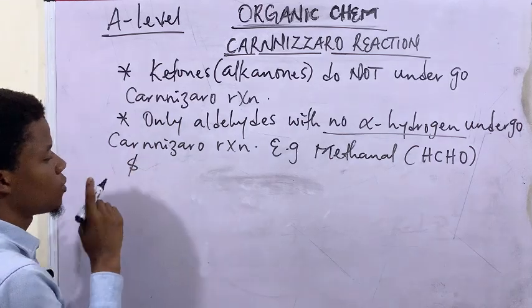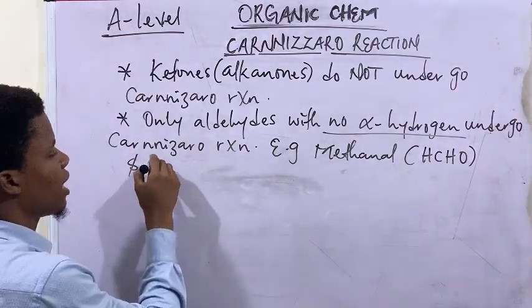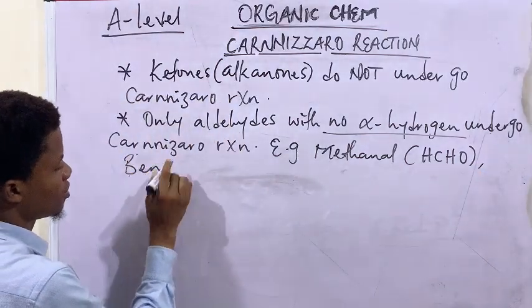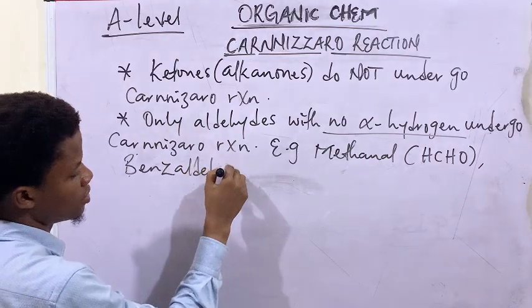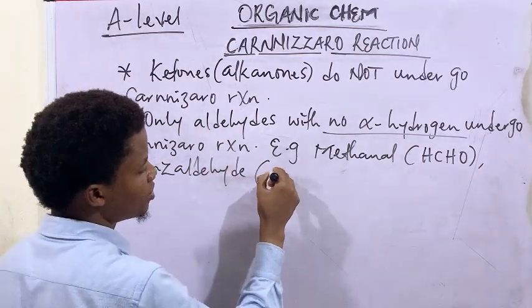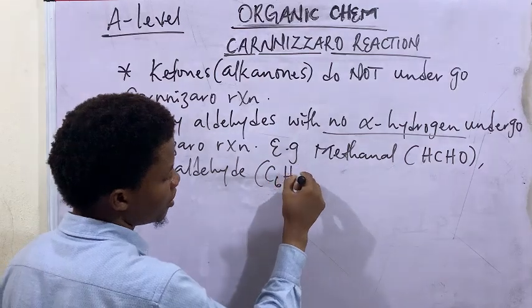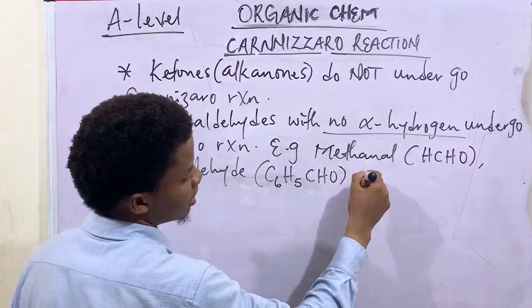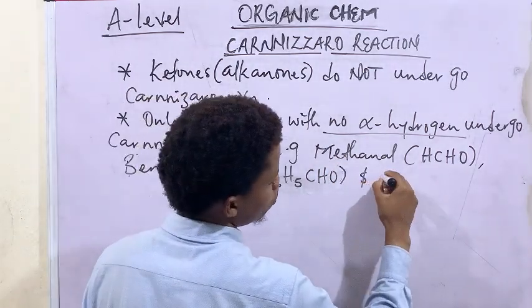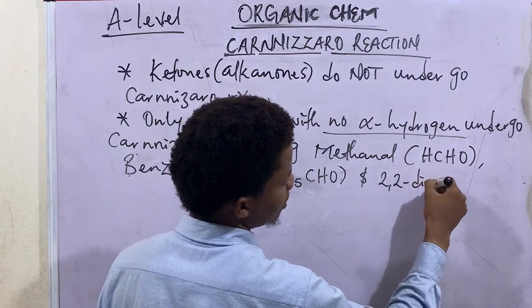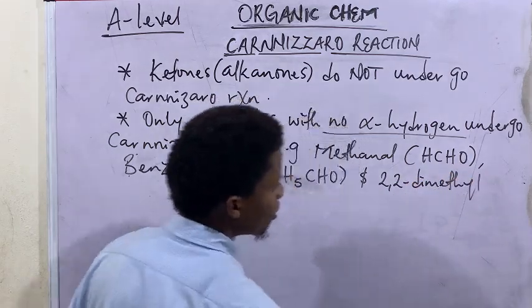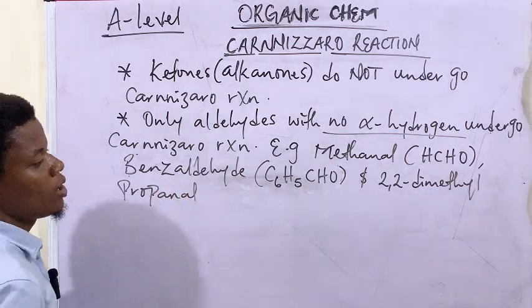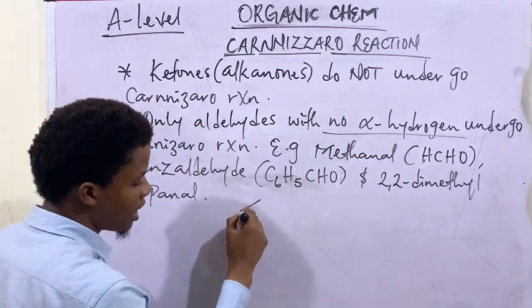We also have benzaldehyde, which is C6H5CHO. And lastly we have 2,2-dimethylpropanal.